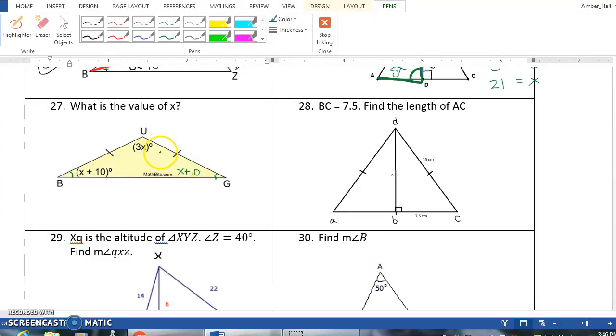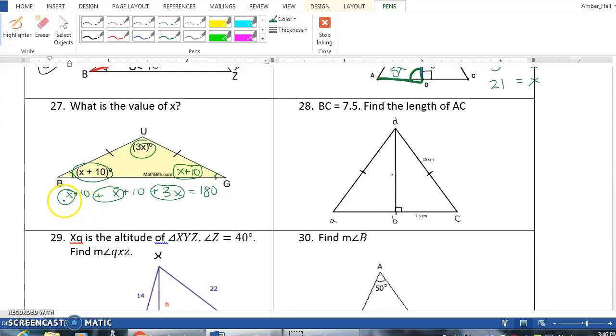I now have all three interior angles, and I know that the sum of those three things equals 180, so I can write my equation: x plus 10 plus x plus 10 plus 3x equals 180. Now I combine like terms.